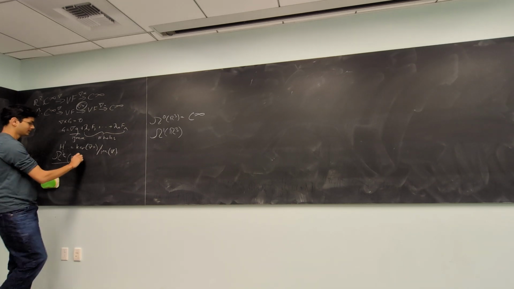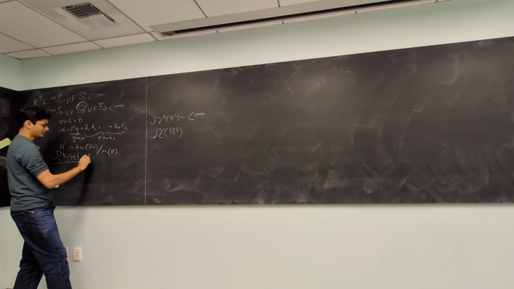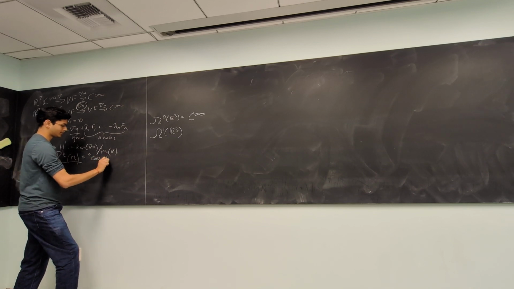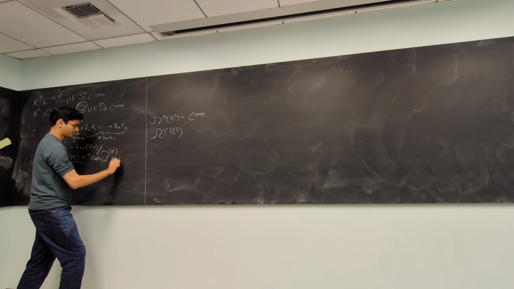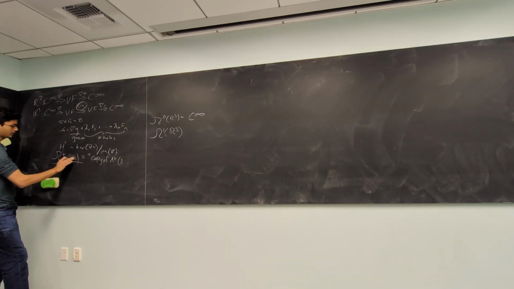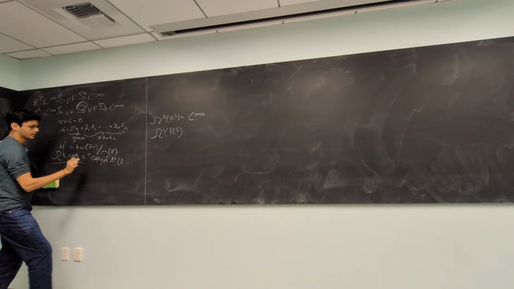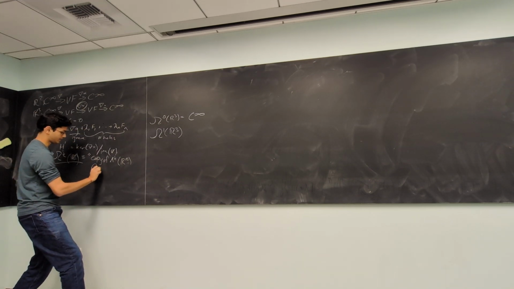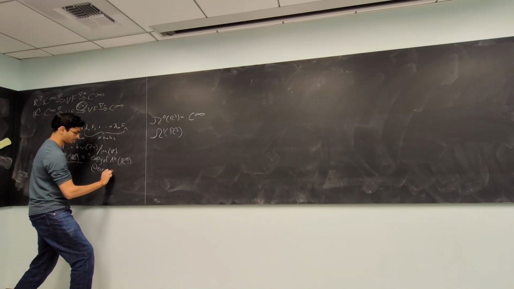Okay. Let me define lambda k of Rn for now, at every point of Rn.